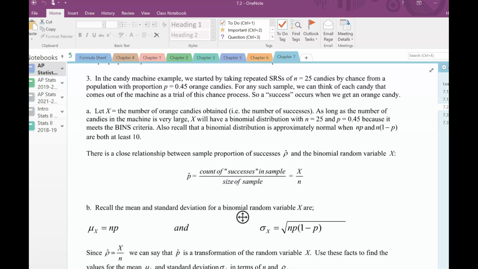So if we have random variable x that is binomial, x is the number of successes, you can see right here then that p hat is actually the number of successes, which is x, divided by the sample size of n. So this sampling distribution of sample proportions is sort of a transformation of the random variable x.